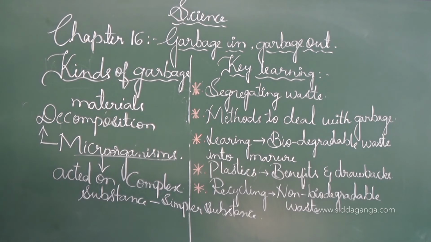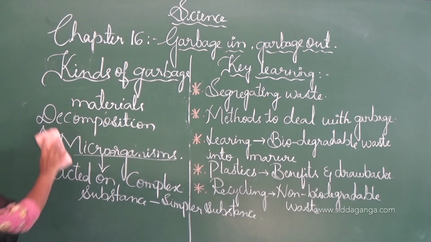See, on the basis of the ability to get decomposed, waste can be divided into two groups.